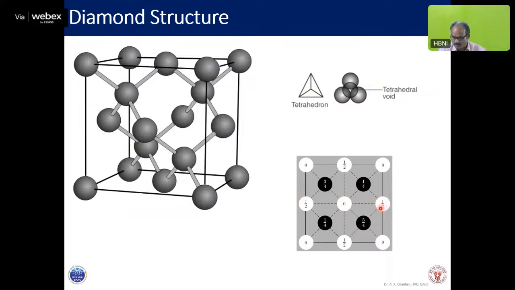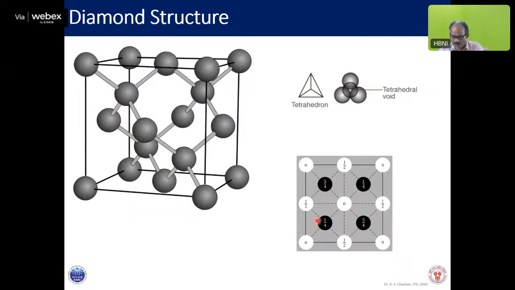These will be at half the distance of your lattice parameter, and then if you move further above, after 1/4 lattice distance, you will have 2 same atoms of silicon at 3/4 and 3/4. So now at the bottom layer, you have 4 atoms.